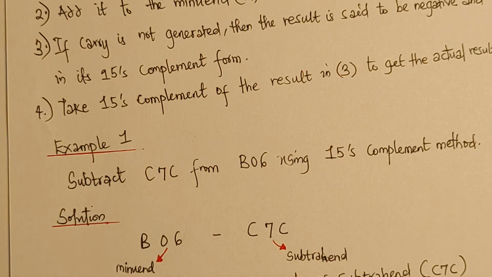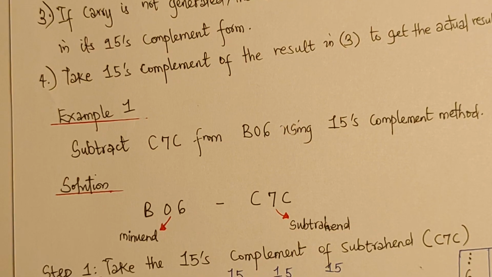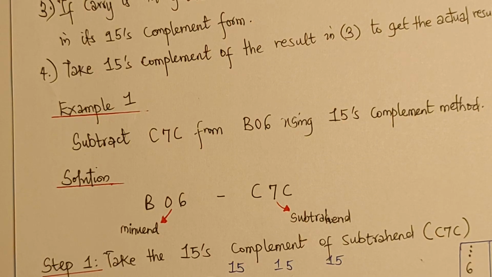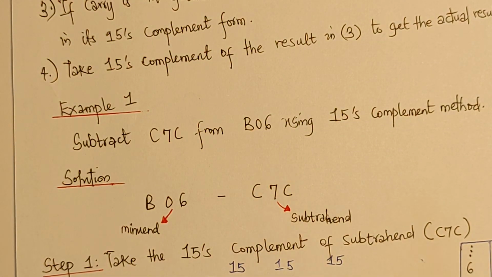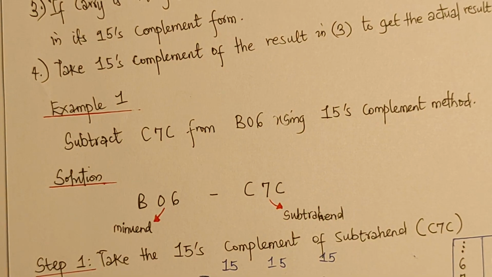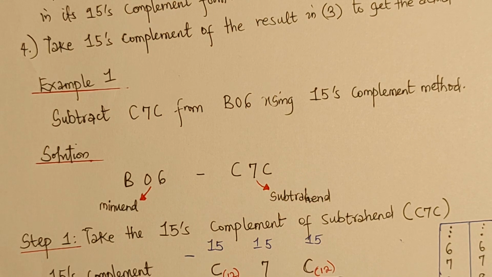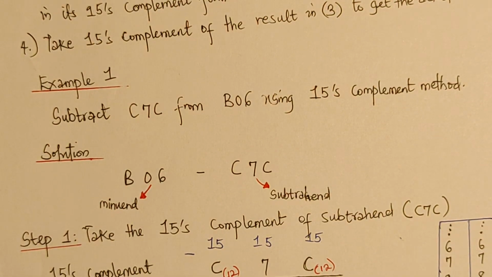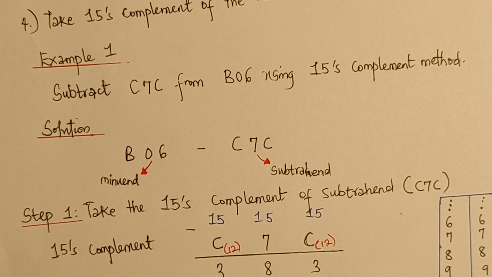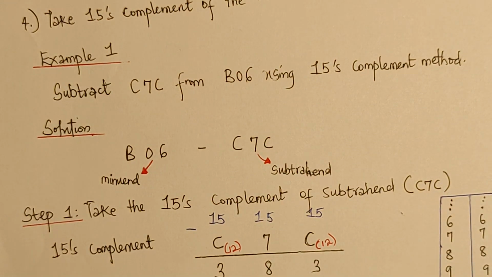Now let's start with step 1. Step 1 says take the 15th complement of the subtrahend. You've known the subtrahend to be C7C. So I'm just going to spread the value of C7C and put 15, 15, 15 in each position.